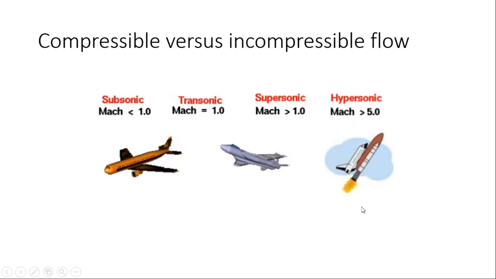These scenarios make the calculations much more complex. So even if we are dealing with air or gas, if the density is not changing a lot, we consider that fluid as an incompressible fluid rather than a compressible fluid.